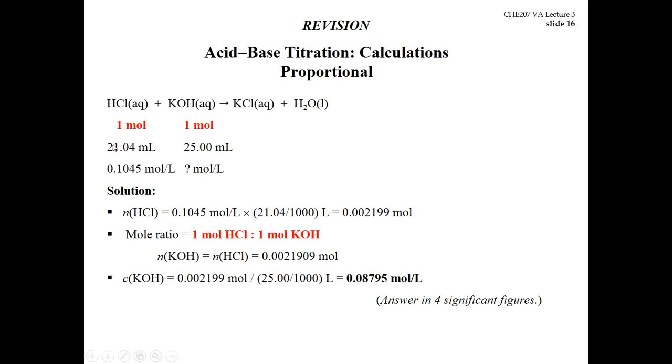Our data is given in 4 significant figures, so we have to report in 4 significant figures. This method is called proportional calculation, that based on the proportional relationship between the 2 reactants, mole ratio here.